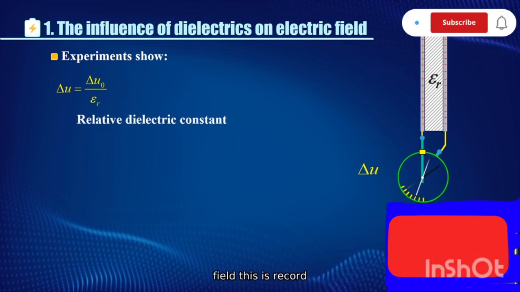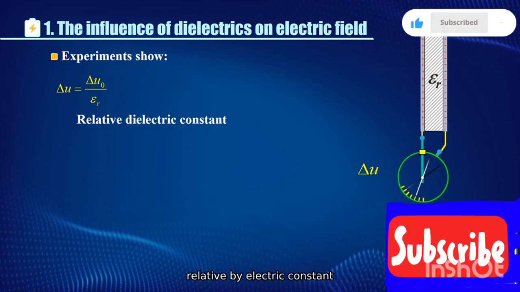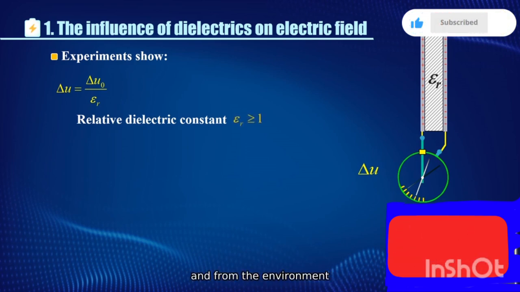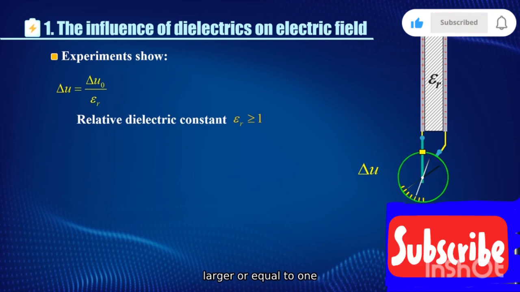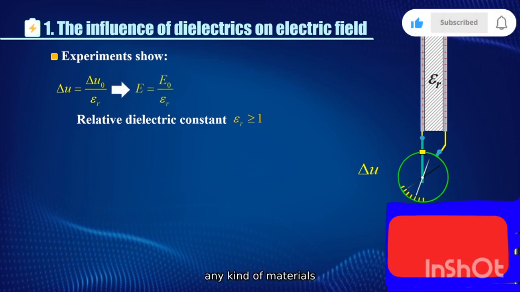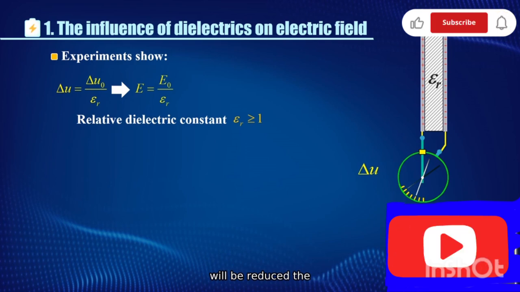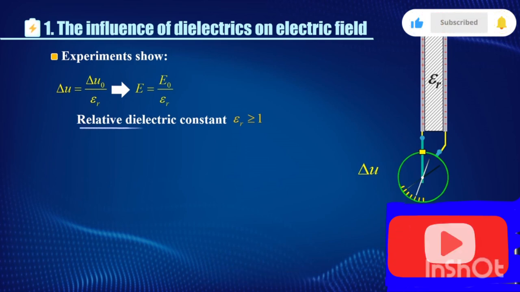This is what we call the relative dielectric constant. And from the measurement, we always find that this constant is always larger than or equal to 1. That means any kind of material will reduce the original electric field intensity.